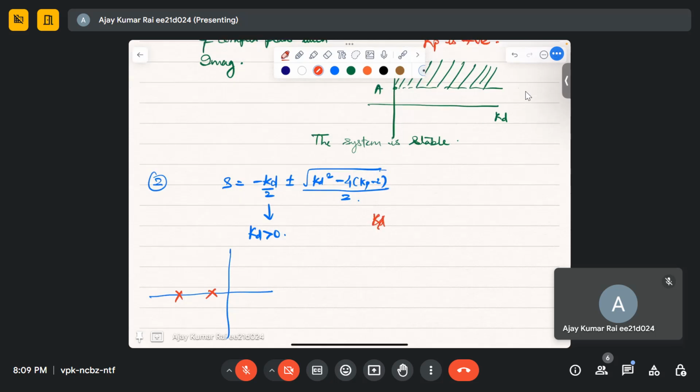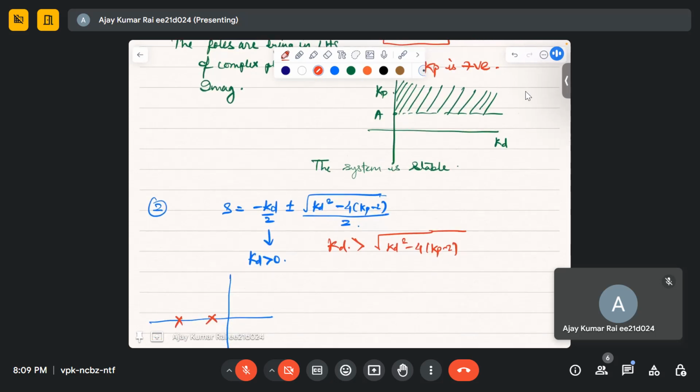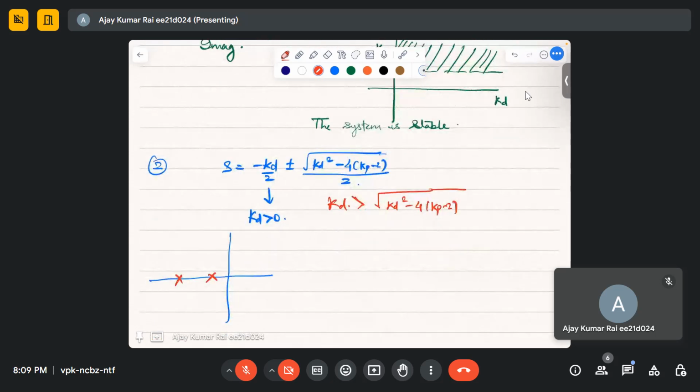Now if KD square minus 4 (KP minus 2) is less than the KD part, I'm just comparing magnitudes, this is also one possibility. Let me write again the same thing we did for the previous one.